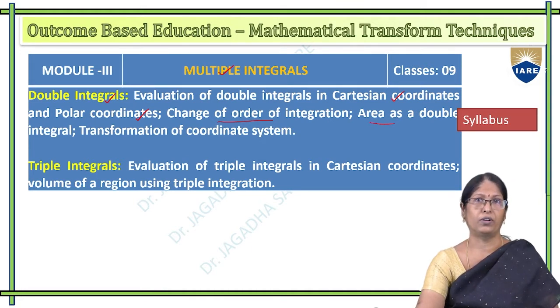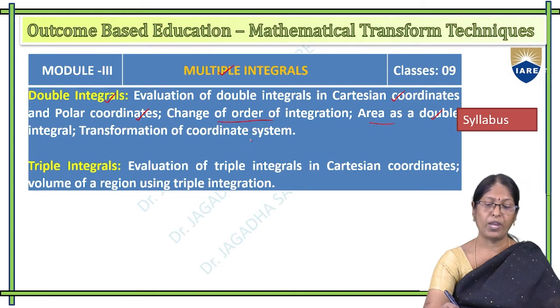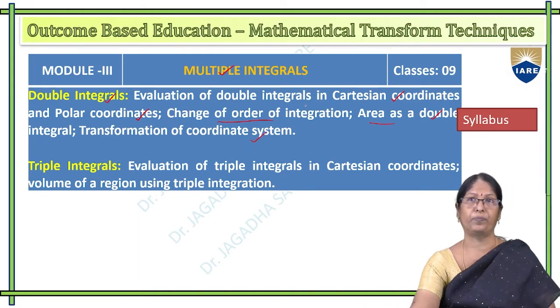The double integral in Cartesian, which is given in 2-dimensional xy coordinates, we want to change into polar, that is evaluating in radius and angle way, the transformation of coordinate system.